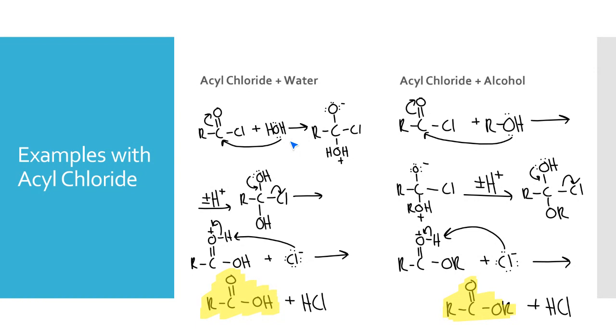That will really help you in the long run to be able to apply these mechanisms to more compounds, and it won't trip you up as much if you actually understand the specific steps of the mechanism instead of just memorizing it. So I would recommend you try your best to keep that in mind as you go through and practice these mechanisms.